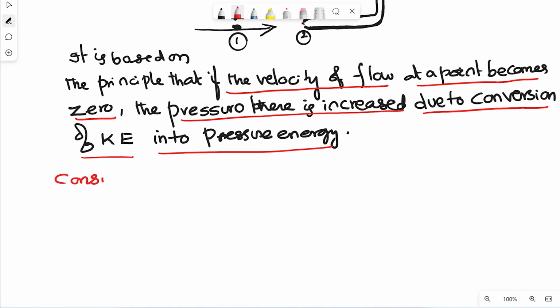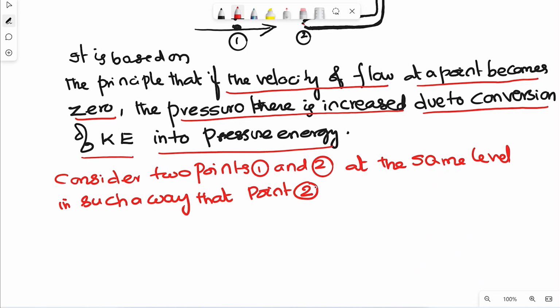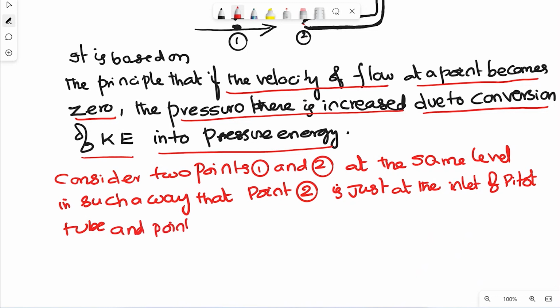Now let us take it. Consider 2 points, 1 and 2, at the same level, in such a way that point 2 is just at the inlet of Pitot tube, and point 1 is far away from Pitot tube.